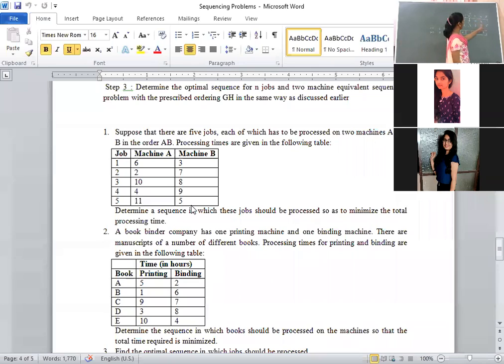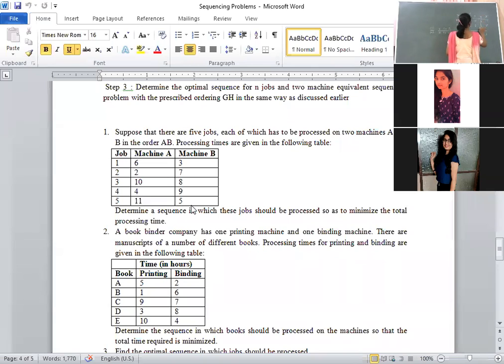Among the remaining 3 jobs, again you have to search for the minimum processing time. The minimum processing time is 4 hours. It appears on machine A, for job 4. If it appears on machine A, that is machine 1, you write the sequence left to right. That's why you write it here.